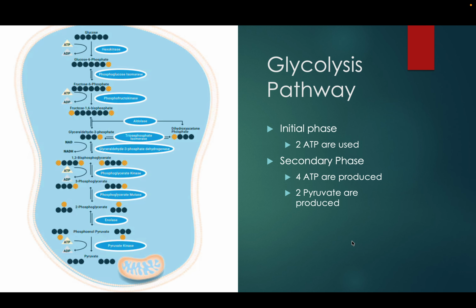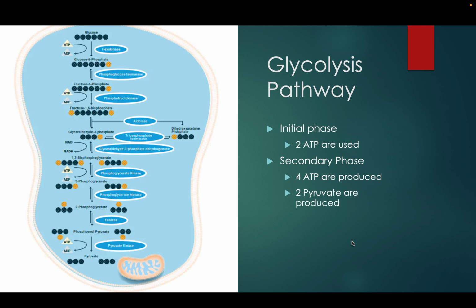Next, aldolase converts fructose 1,6-bisphosphate into two separate 3-carbon molecules. These two molecules are glyceraldehyde 3-phosphate and dihydroxyacetone phosphate. As the image shows to the side, the dihydroxyacetone phosphate molecule cannot continue in the glycolysis pathway.